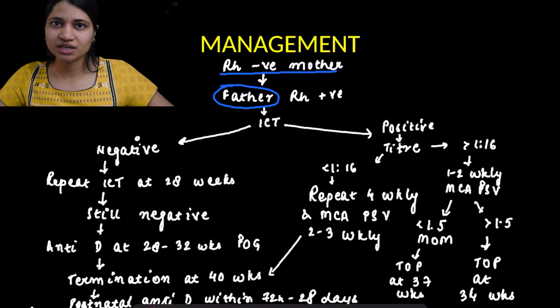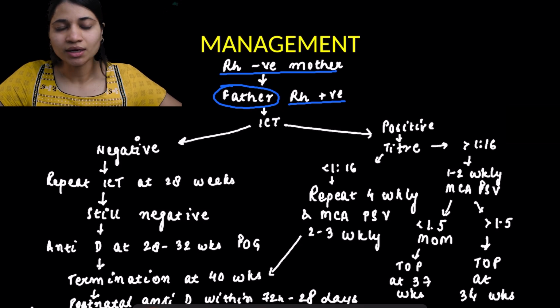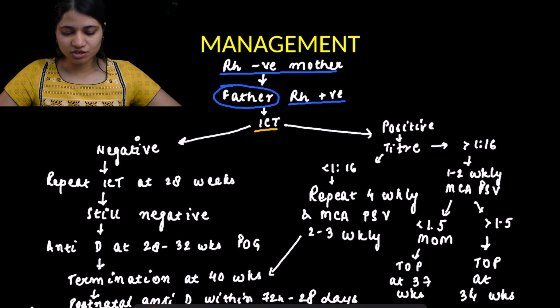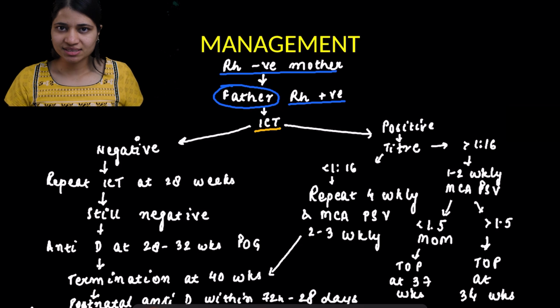Now the problem comes if the father is Rh positive. What is the next step? We should do an indirect Coombs test or an ICT. Let's say the ICT is negative.